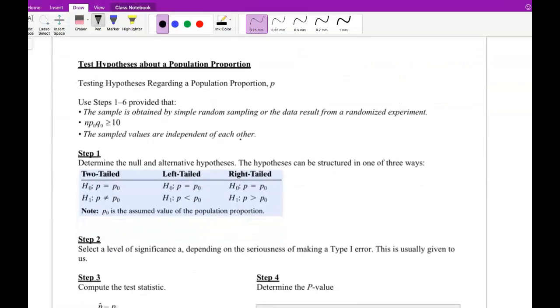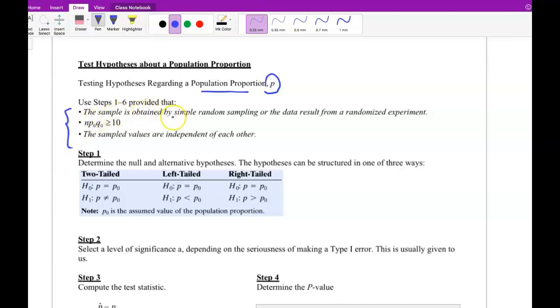Now in this part we have a test of hypothesis about a population proportion. So it's regarding the population proportion, shown with p. Here we're going to use steps 1 to 6. First we should verify that we have these three requirements from the previous page.